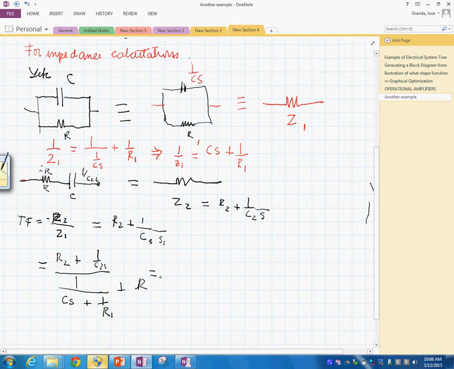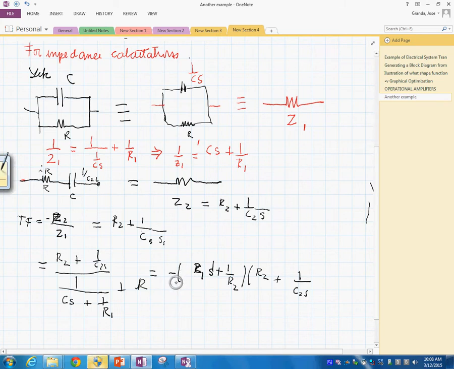So this we could say minus C1 S plus 1 over R sub 2, and then times R2 into plus 1 over C sub 2 times S. So that's how the transfer function is.